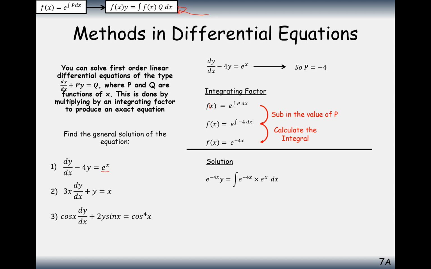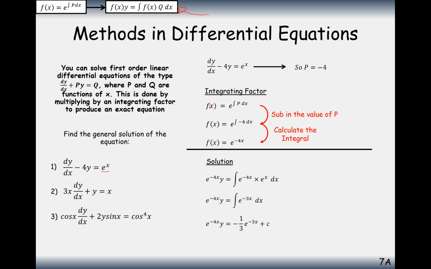So you can see where each of these individual components has come from. The first one is f of x, the second one is y, it's always going to be just y, equals the integral of the f of x function times q.